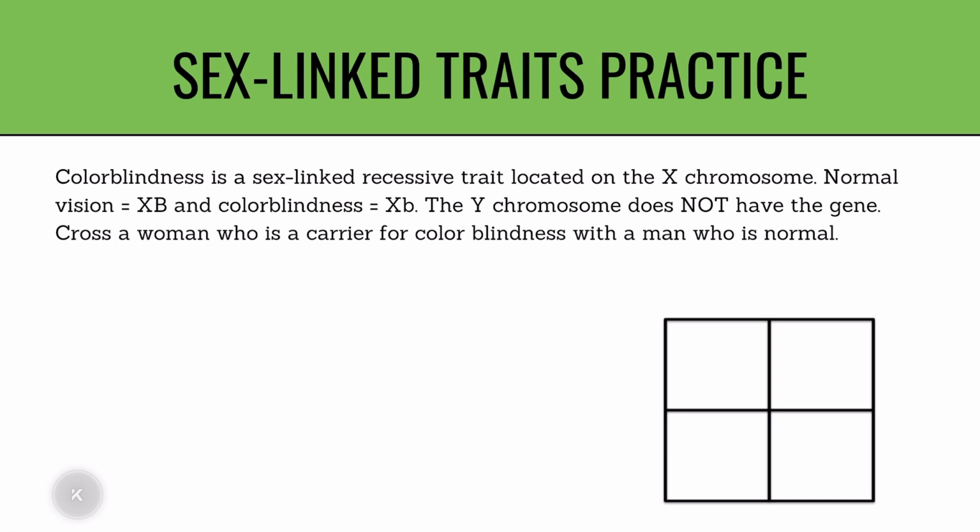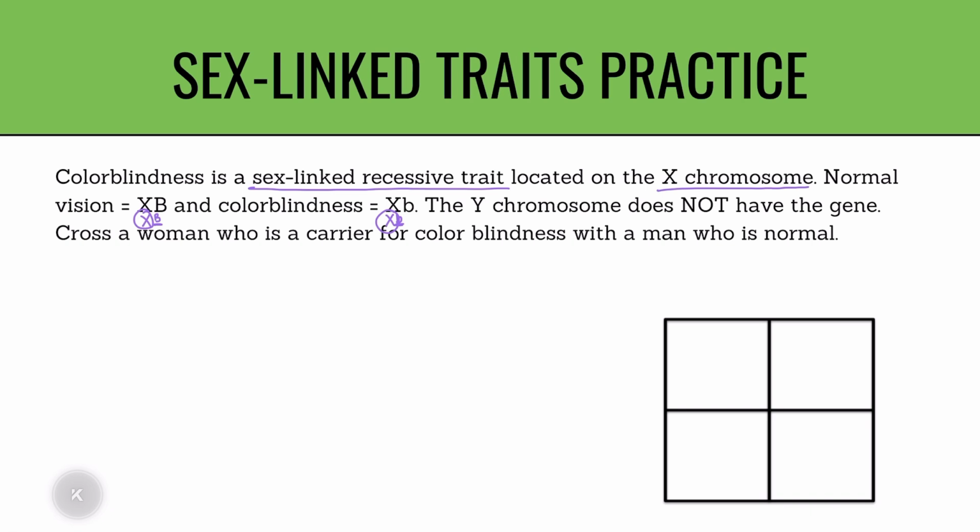So color blindness is a sex-linked recessive trait located on the X chromosome. Cool. Normal vision and color blindness. So this is just showing us color blindness is recessive and it's on the X chromosome. Normal is dominant on the X chromosome. The Y chromosome does not have the gene because it is X-linked.